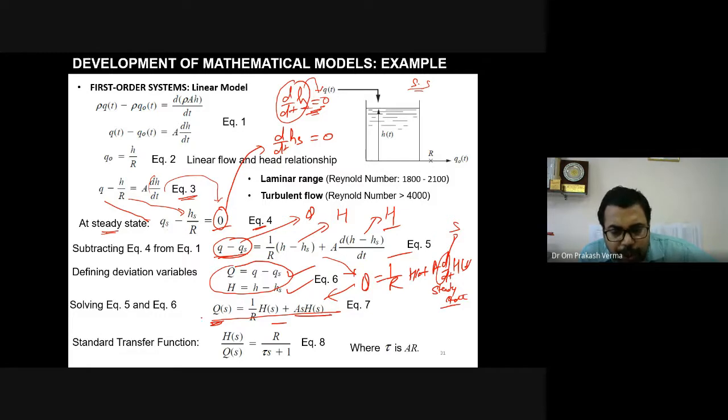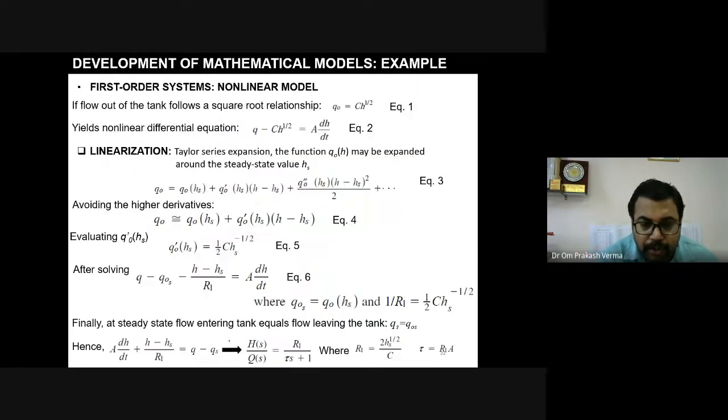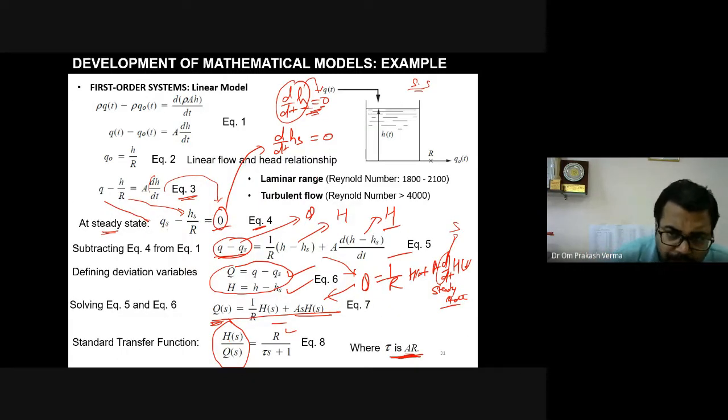So by solving this equation, you can find the output is level, the input is flow. So output upon input is equal to R by tau s plus 1, where tau is equal to AR. This is the first order differential equation. You have to remember it.